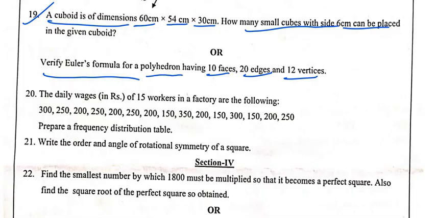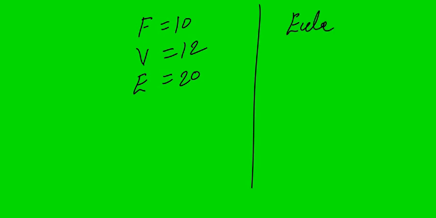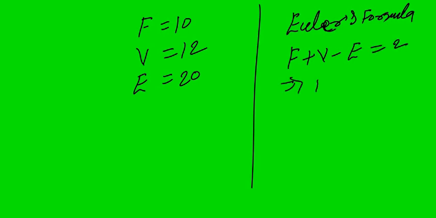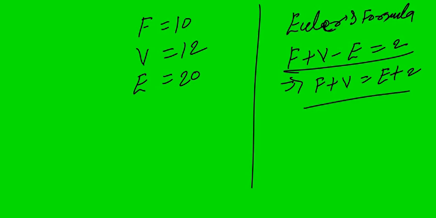So faces is 10, edges is 20 and vertices is 12. And we are having Euler's formula, as you all know, f plus v minus e is equal to 2, or you can say f plus v is equal to e plus 2. So either you have to use this one or this one, and you have to verify it.